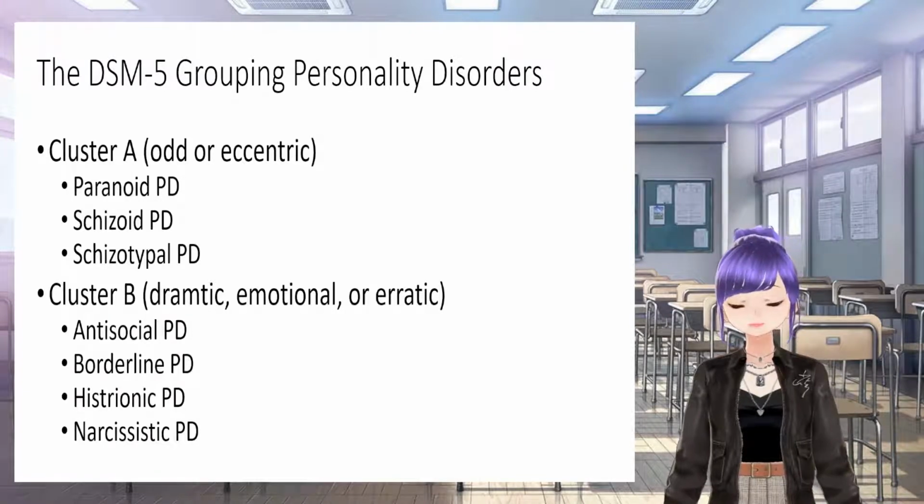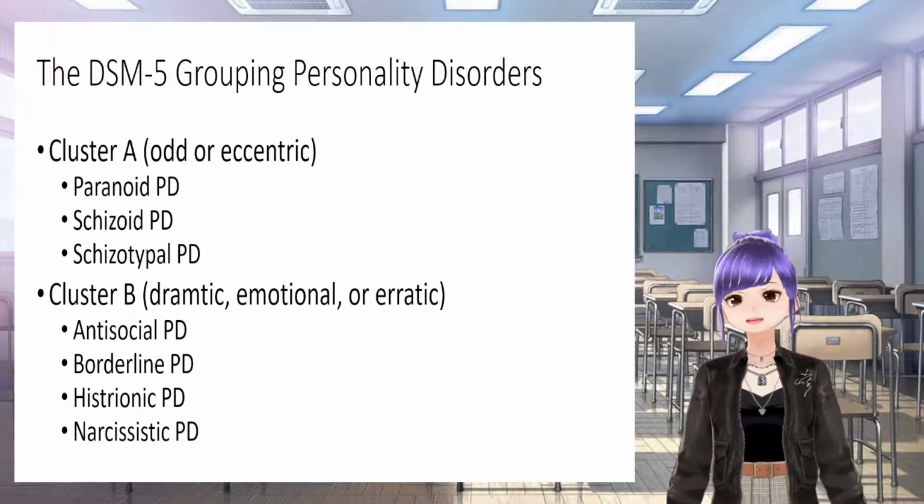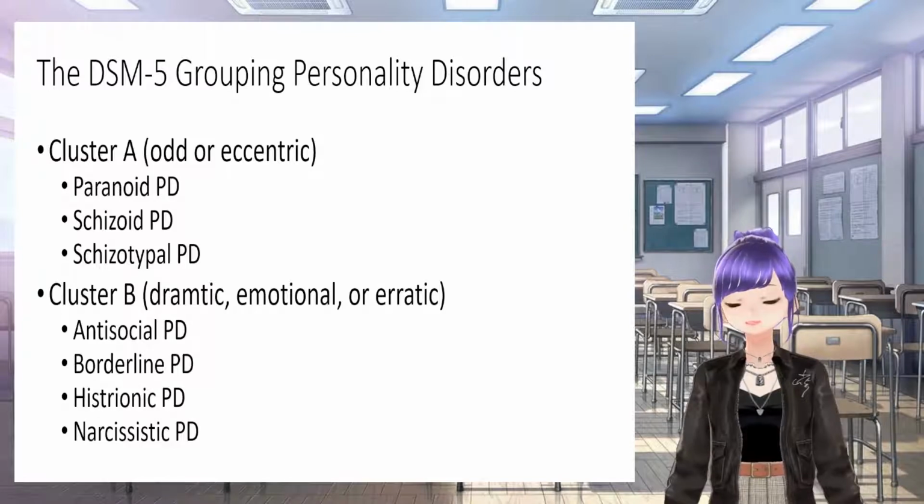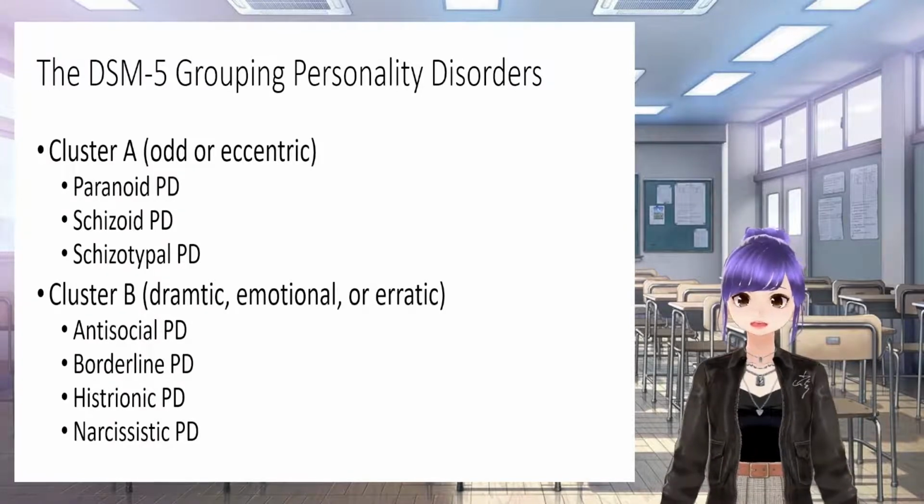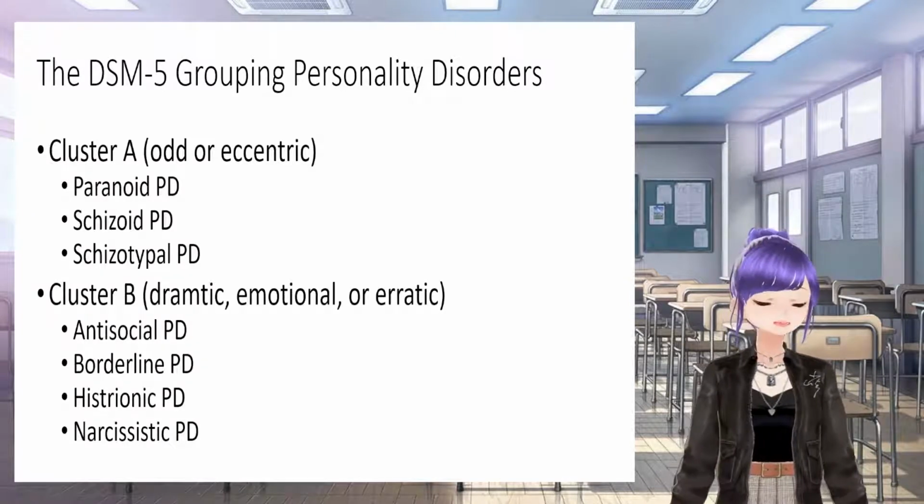So, here are the 3 clusters of the DSM-5 grouping personality disorders. Cluster A is the odd or eccentric group. In here are paranoid personality disorder, schizoid personality disorder, and schizotypal personality disorder. Cluster B are the dramatic, emotional, or erratic.